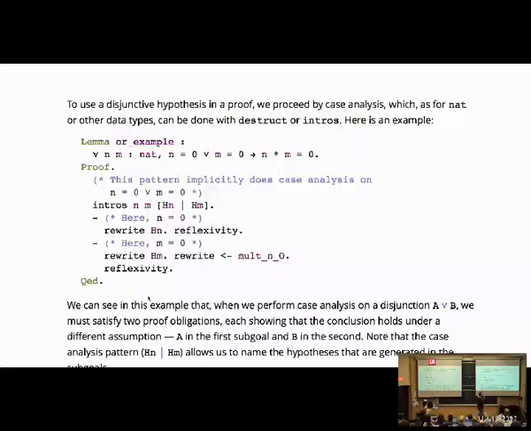In one subgoal, the hypothesis is going to be n equals 0. And in the other subgoal, the hypothesis is going to be m equals 0. And our job is going to be, in each of those subgoal states, to reason until the subgoal is finished and we've discharged it.